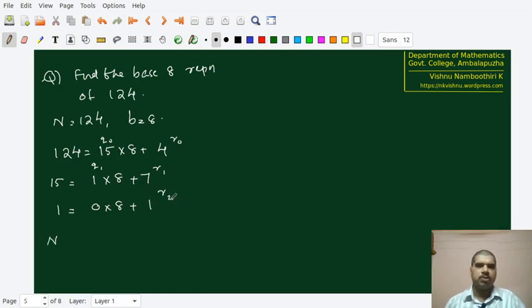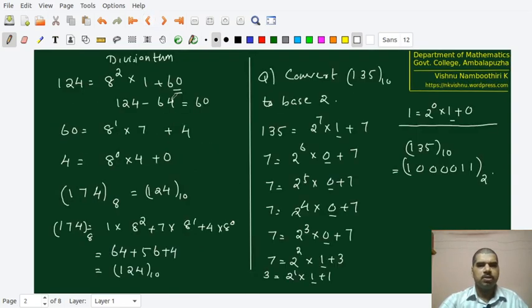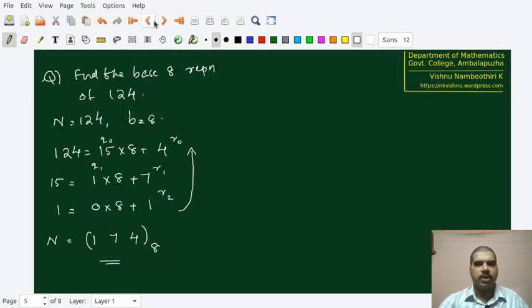So, the representation of n, we have to take this way, starting from the bottom. So, n equal to 174 to the base 8. So let us see if it matches with our previous calculation. We found it to be 174 exactly here. So calculation seems to be justified.